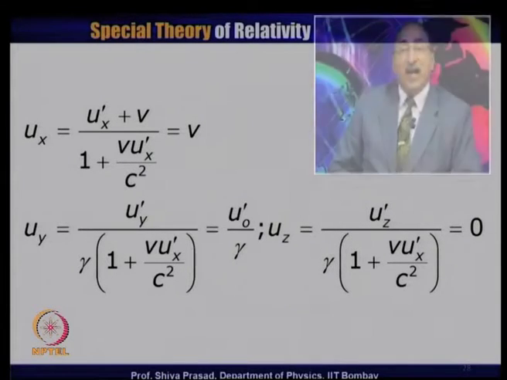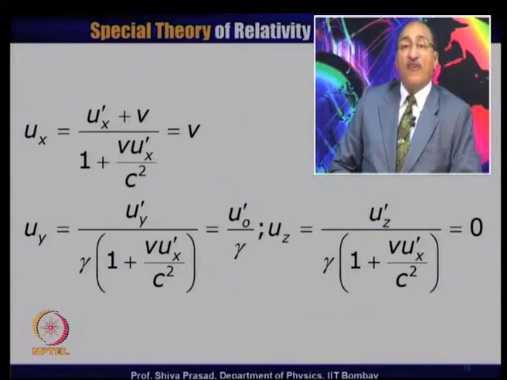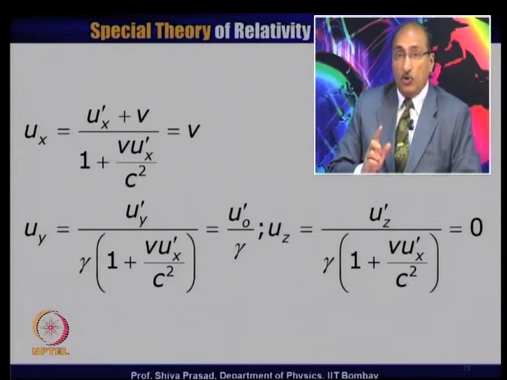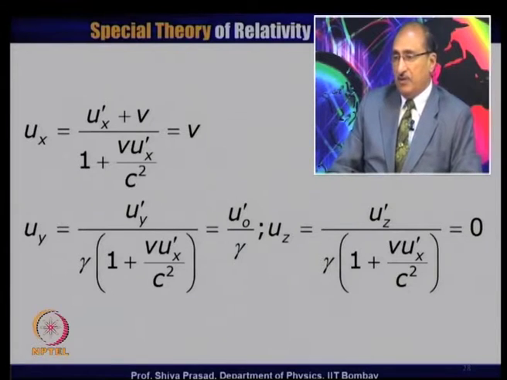Because the charge is moving only along the y direction in the S prime frame, ux prime is 0, since it has only a non-zero component along the y direction. So, the denominator gives you only 1, and ux is equal to v. The x component is the same as the relative velocity between the frames. As far as the y component is concerned, like before, this term is 0, so there is only 1 here.